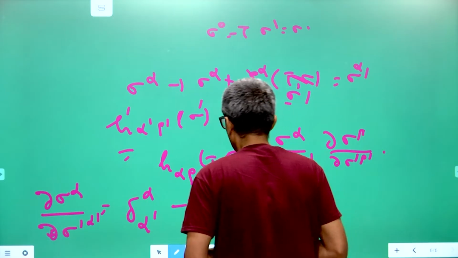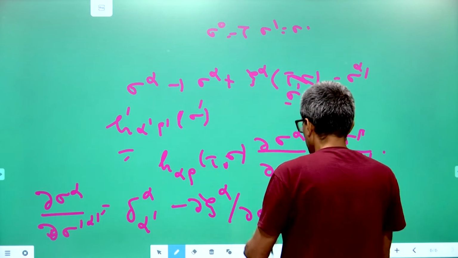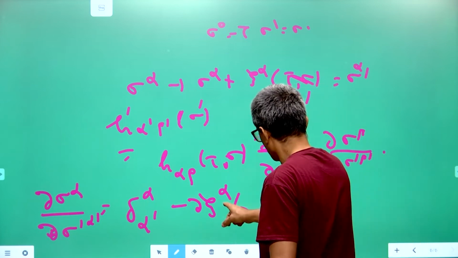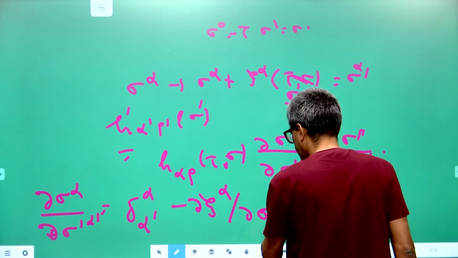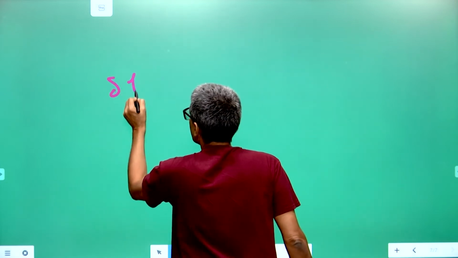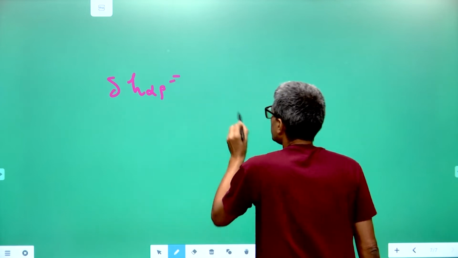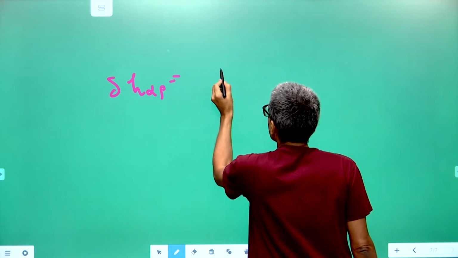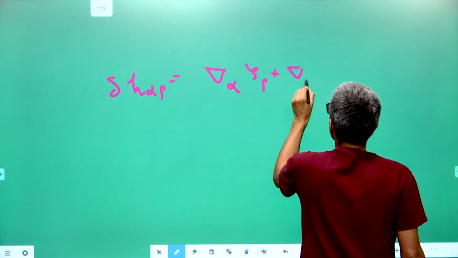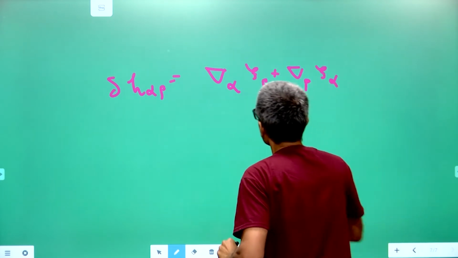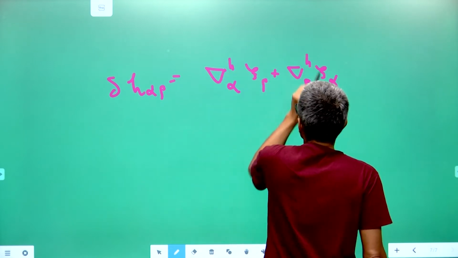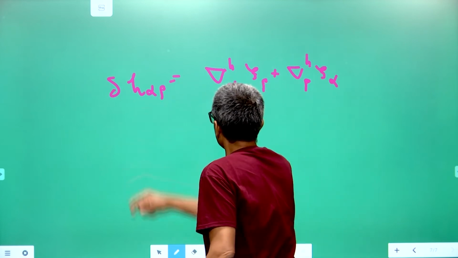So by using this in this formula and omitting second order smallest terms, you can show that the metric will change by xi alpha, which is a function of sigma, so you are differentiating with respect to sigma dash. So you can show that the metric will change by delta h alpha beta under an infinitesimal reparameterization. It will change by del alpha xi beta plus del beta xi alpha, where del alpha is the covariant derivative taken with respect to the metric h, the current metric from where you are deviating.